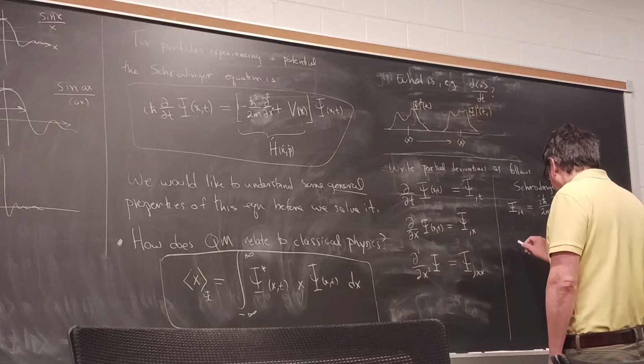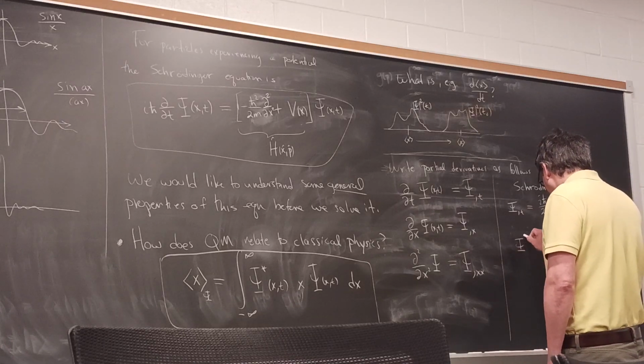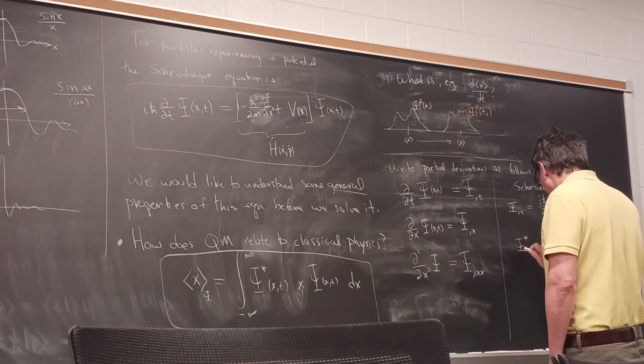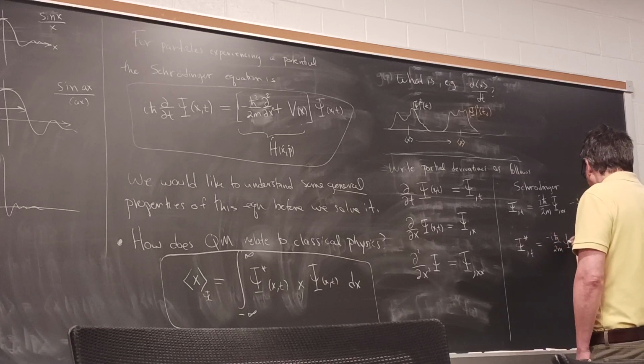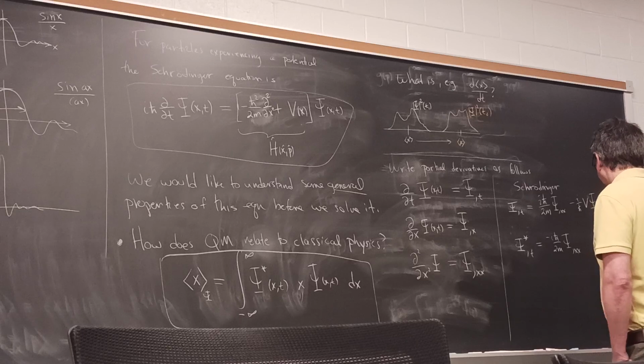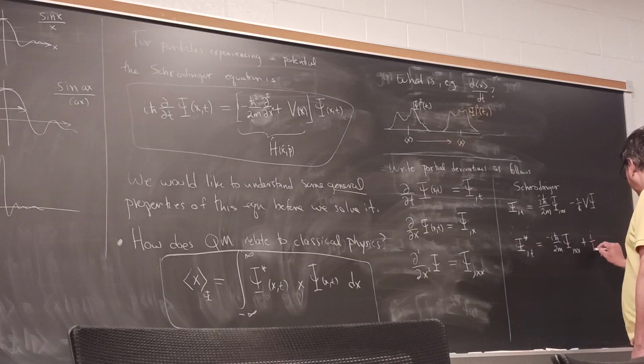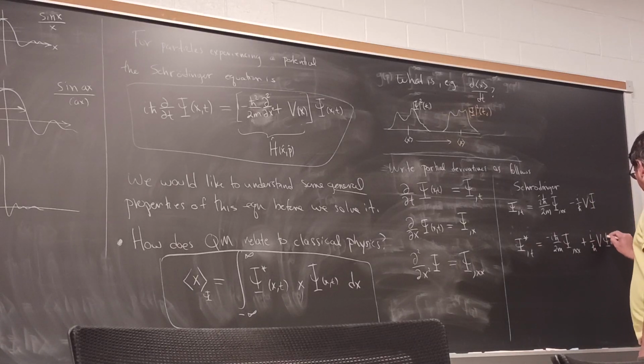Okay. And let's conjugate it, because we're going to need that. So the time derivative of the conjugate is minus i h bar over 2m psi star comma xx, and then plus i over h bar V psi star. Okay?